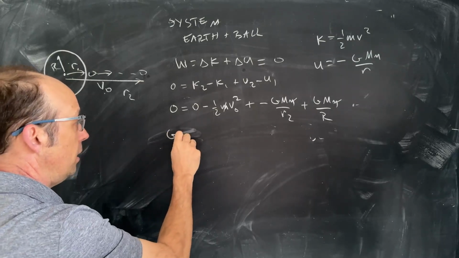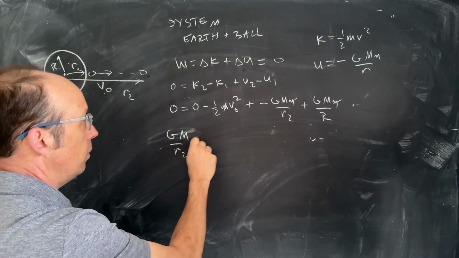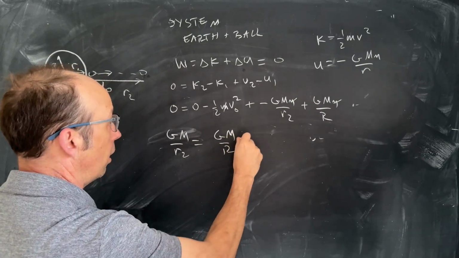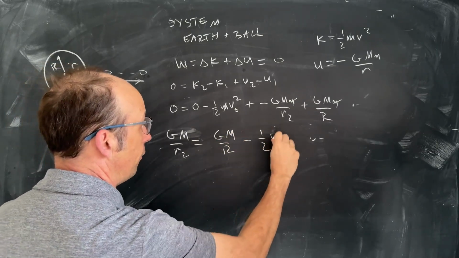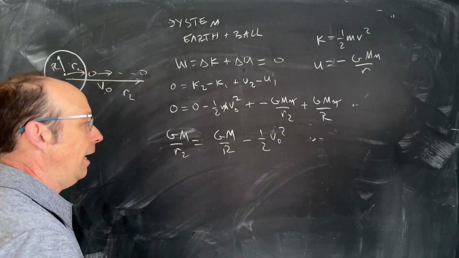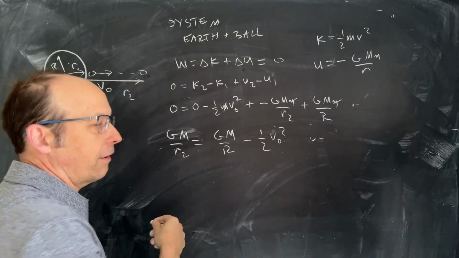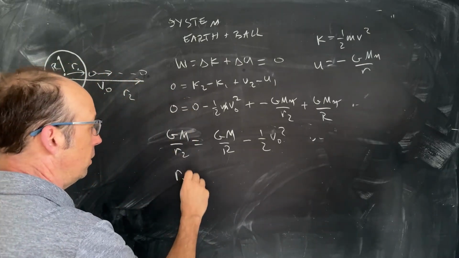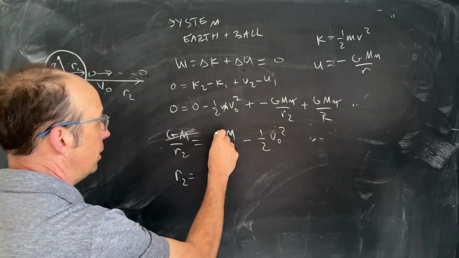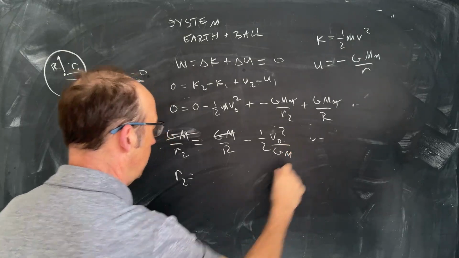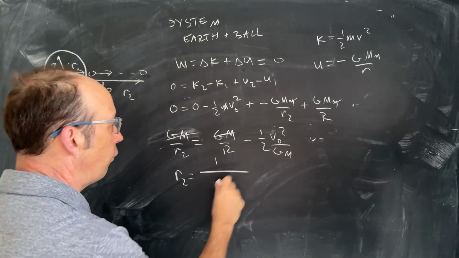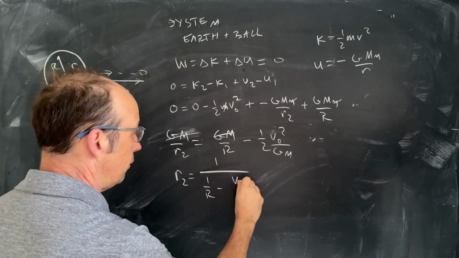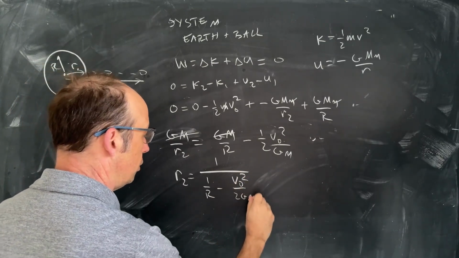So I get GM over r2 is GM over R minus 1/2 v0 squared. I'm going to write this in a poor format, but I'm going to solve it anyway. I divide by GM, so r2 is going to be 1 over (1 over R minus v0 squared over 2GM).